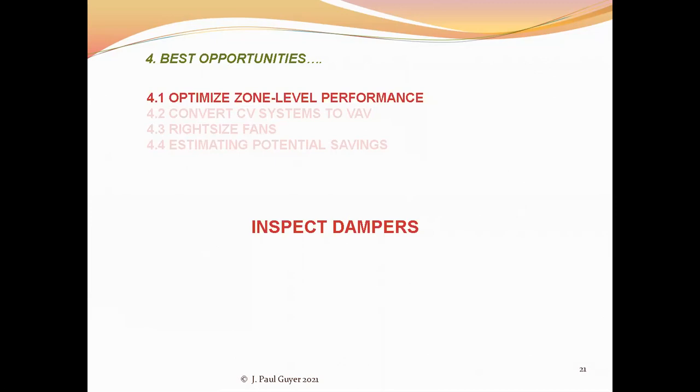And because evaluating and repairing non-functional zone dampers can be time-consuming and costly, especially in large buildings that may have hundreds or even thousands of zones, consider allocating a portion of the annual maintenance budget for the purpose of inspecting dampers and assuring that they are performing their proper function and haven't gotten frozen in the wrong position, something like that.